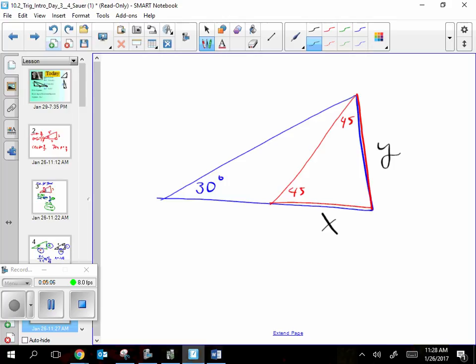If I tell you one more thing, but I'm not going to be nice and give you this long side here, but if I tell you this side here is 8, would you please figure out for me exactly how long is x, which happens to be the same as y?